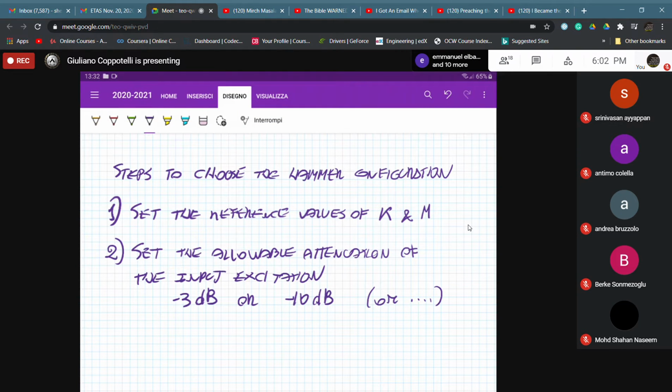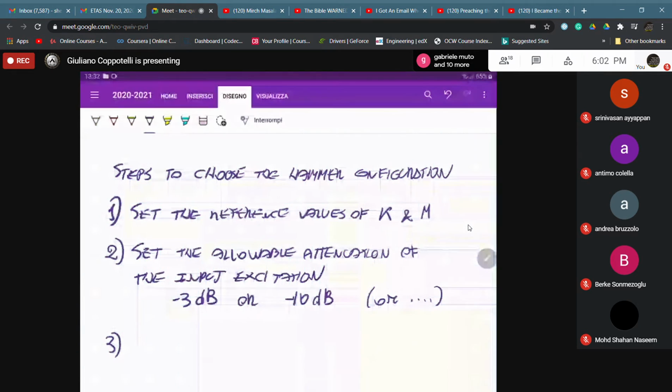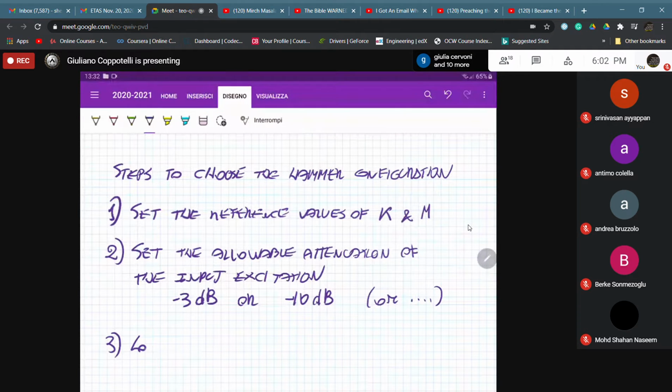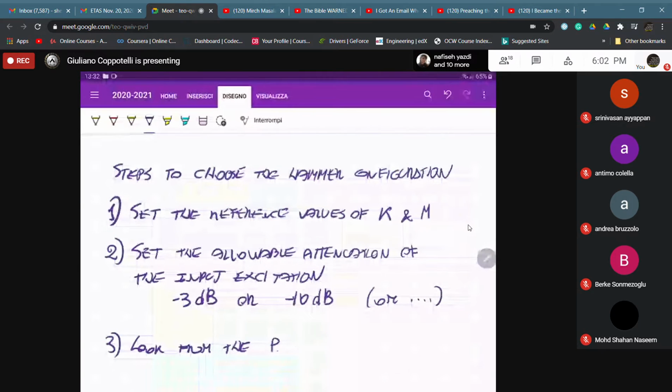Okay, then the second step: look at the PSD of the hammer. Remember, we are in the frequency domain.